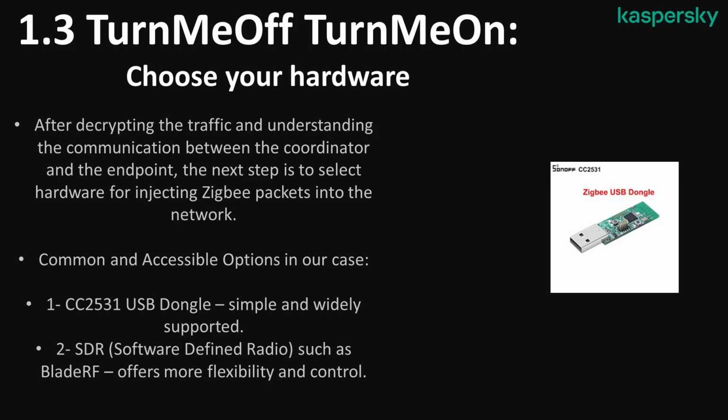This dongle supports one firmware that allows it to work with a framework called KillerBee for ZigBee, and this framework has libraries that allow you to inject raw ZigBee packets. That's what we need. How can you flash it? Using a Raspberry Pi or using special hardware called the CC Debugger.